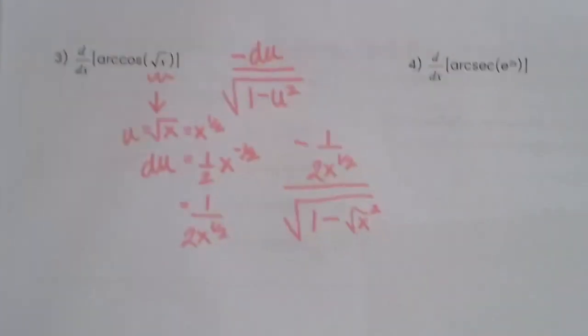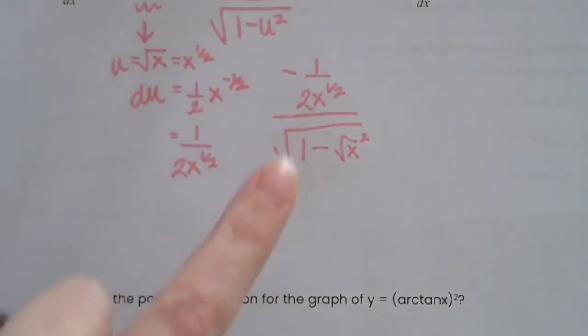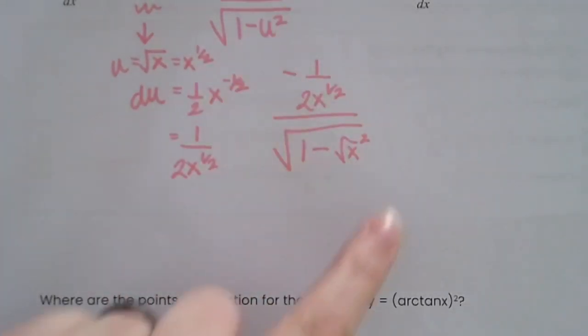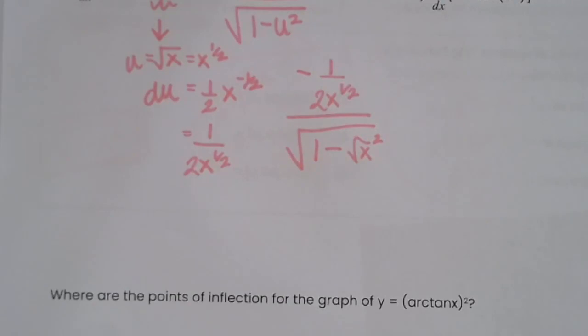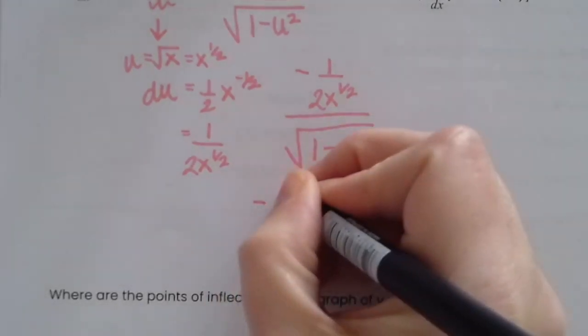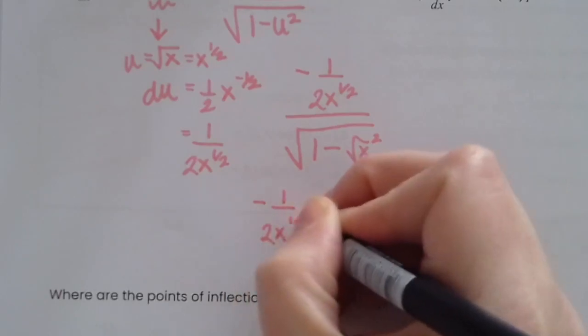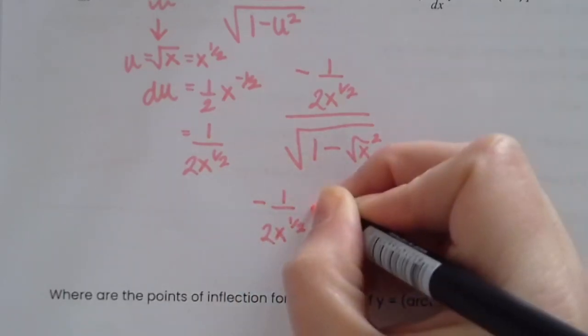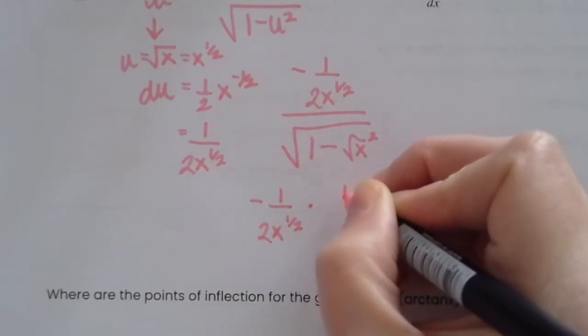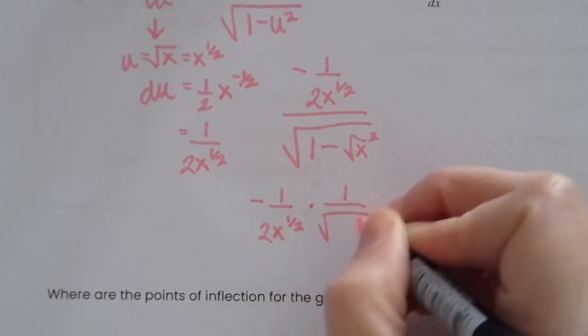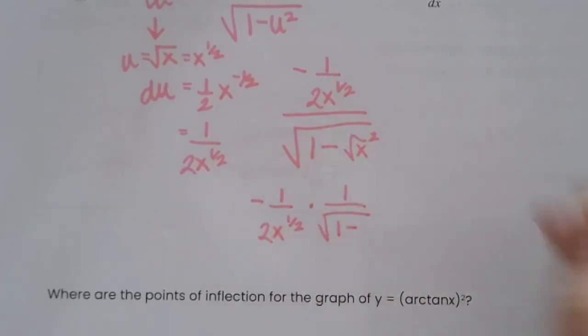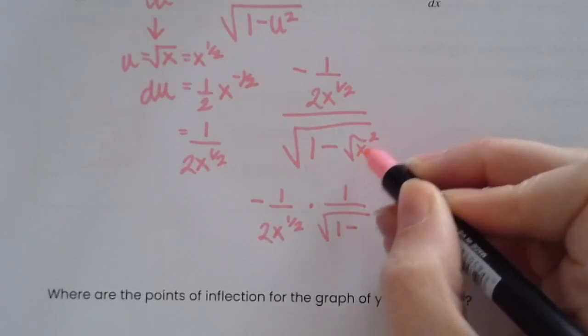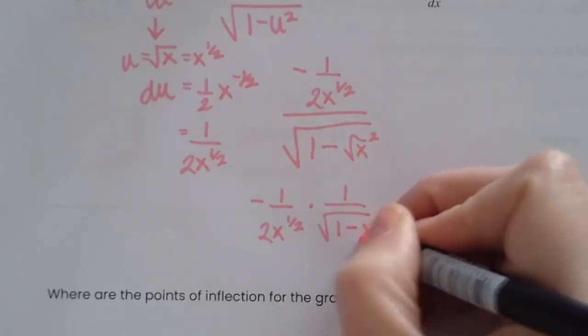So we definitely have some simplifying that can happen because we have a fraction inside of a fraction, and then we have a square and a square root going on right there. So if we multiply by the reciprocal, really what we have is negative 1 over 2x to the power of half times the reciprocal of this, well, that's just 1 over square root of 1 minus, and let's go ahead and make that square root of x squared just be an x.